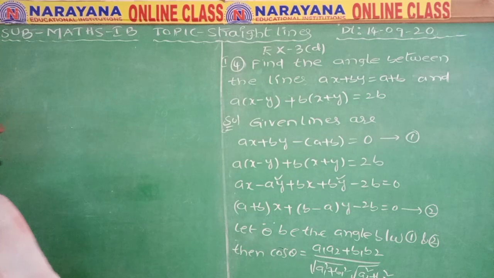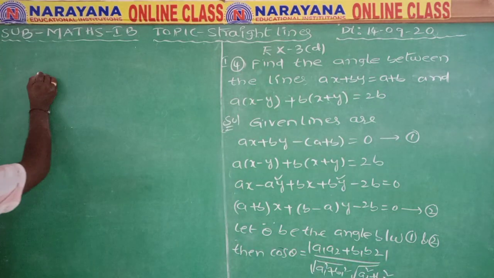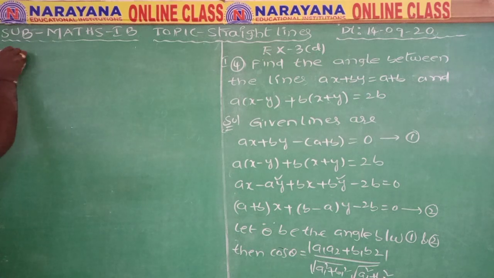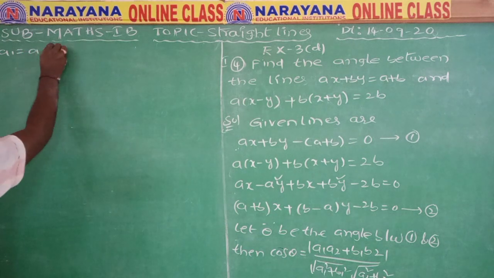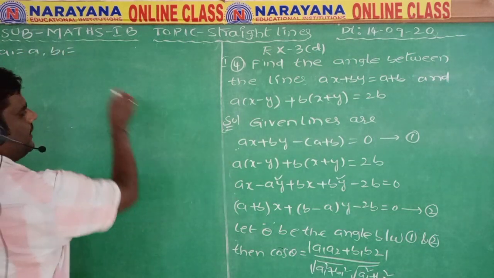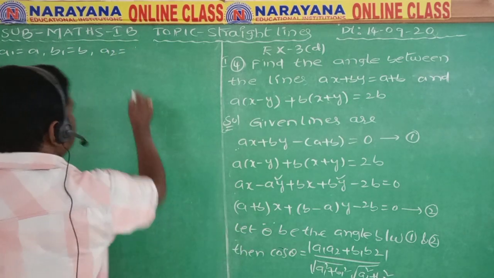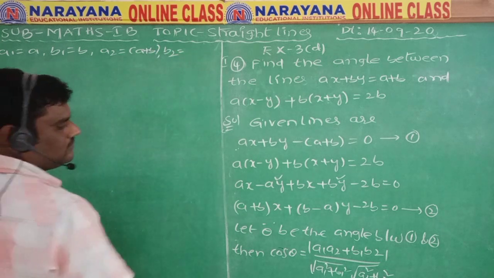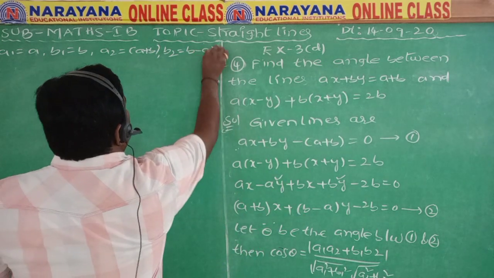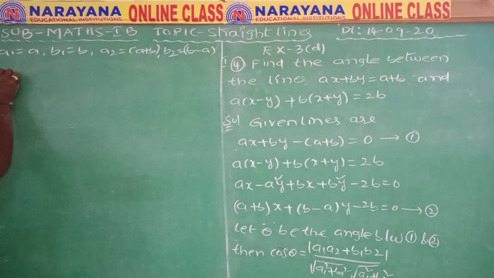Taking modulus. Here a1 is from equation 1: a1 = a, b1 = b, a2 = a + b, b2 = b - a. Substituting all these four values in cos theta, we get the angle between two lines.